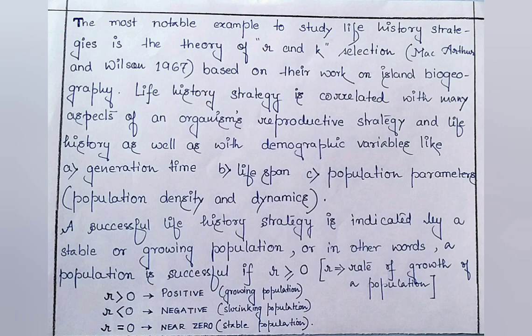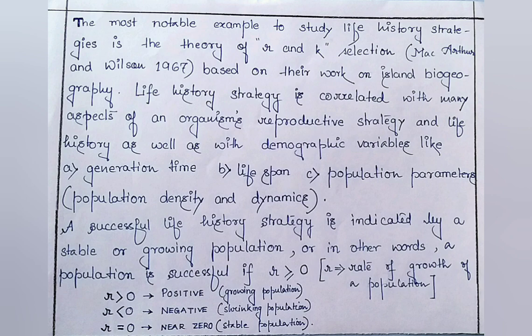A successful life history strategy is indicated by a stable or growing population, or in other words, a population is successful if the value of R is greater than or equal to 0, where R is the rate of growth of a population. If R is greater than 0, we say that the population is a growing population.